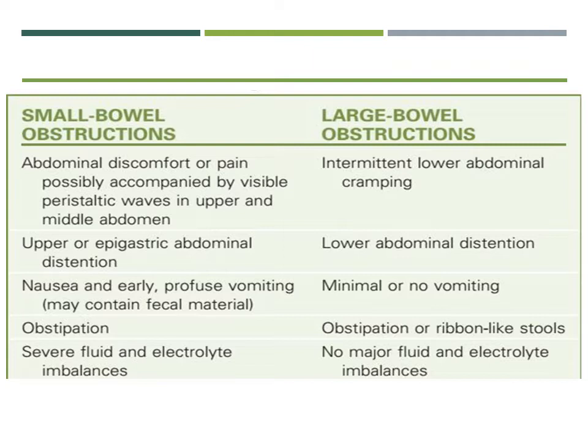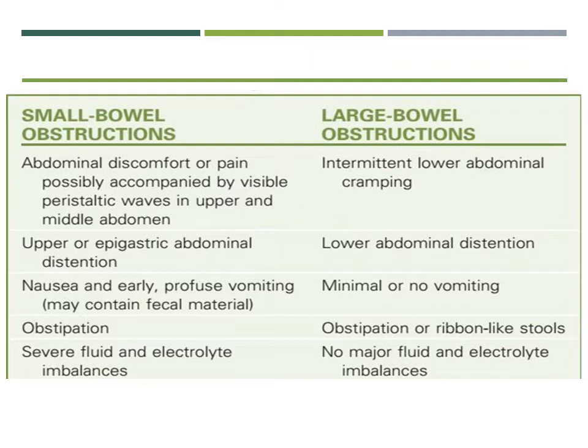So there's many different causes of bowel obstructions, but some are definitely more common than others, and we'll get to the common ones. Okay, I have small bowel obstructions and large bowel obstructions. So whether it's large or small, just think, okay, there's something that's stopping the flow of the fluid in the small bowel, if it's a small bowel obstruction, or in the large bowel if it's a large bowel obstruction, and they behave slightly different.